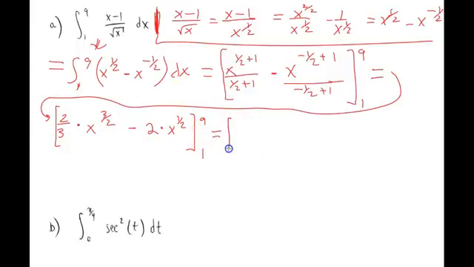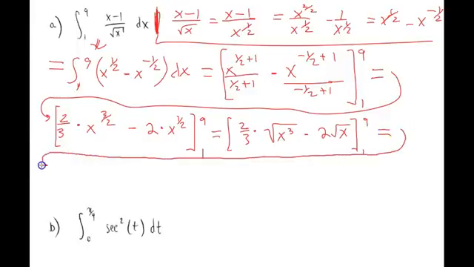So only other thing I would want to do here is just say this is 2/3 times, and now say square root of x cubed minus 2 times square root of x. So that way we can deal with it in a form that we're a little bit more familiar with. So now at this point, we'll just come and evaluate.